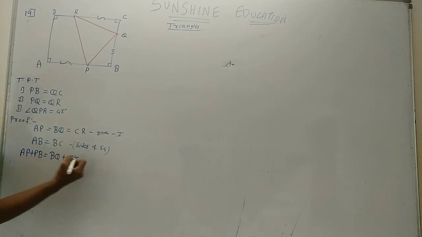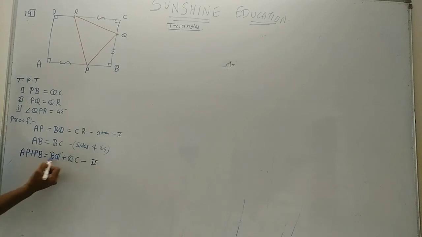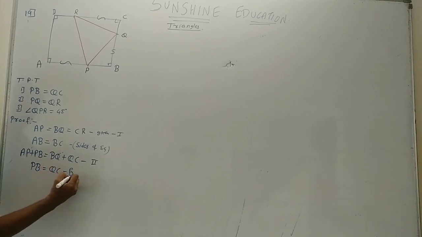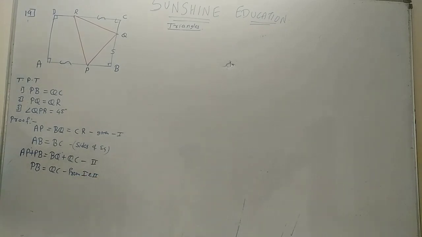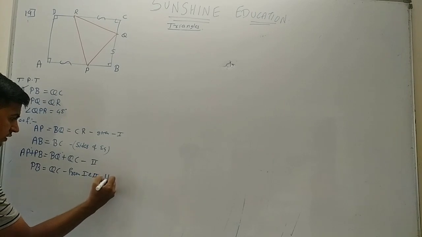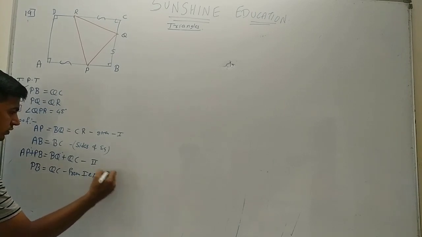I will take this as number 2. So we will have PB is equal to QC from 1 and 2. So the first one is done. PB is equal to QC, and I will name this as equation 3.